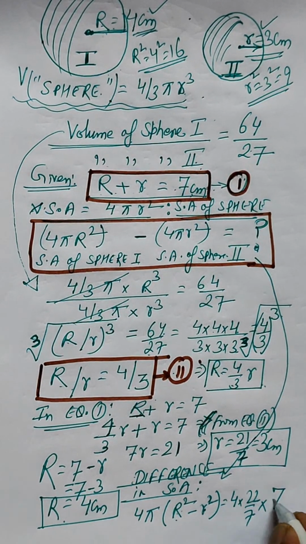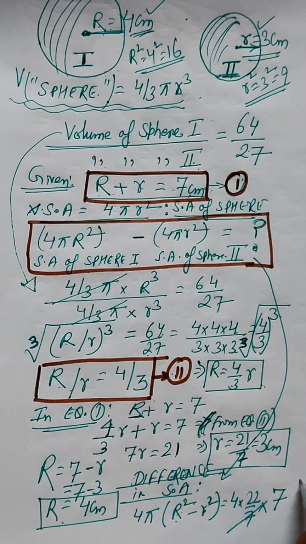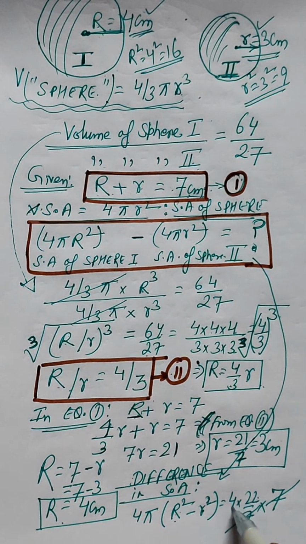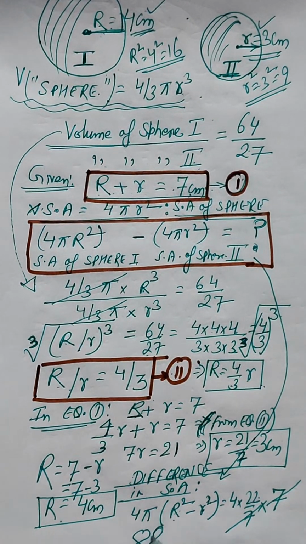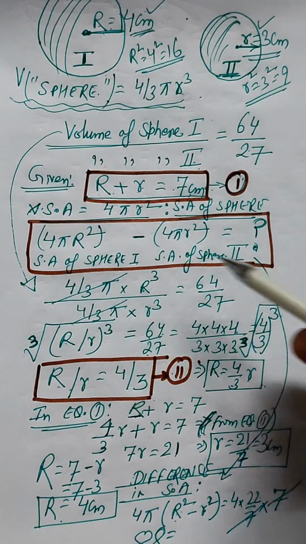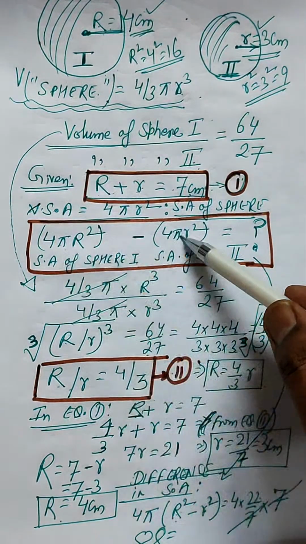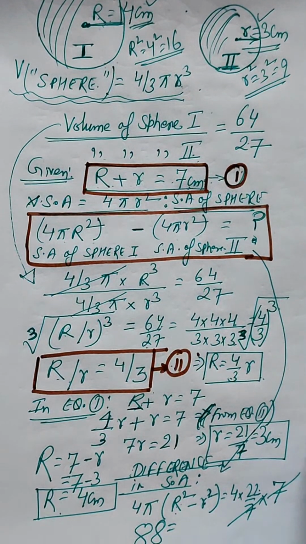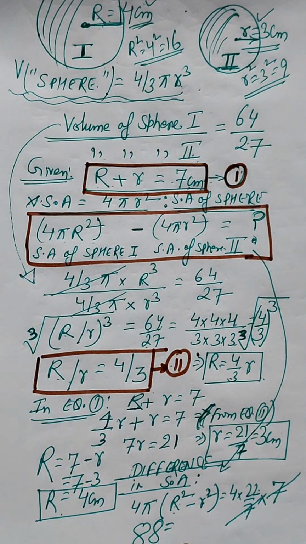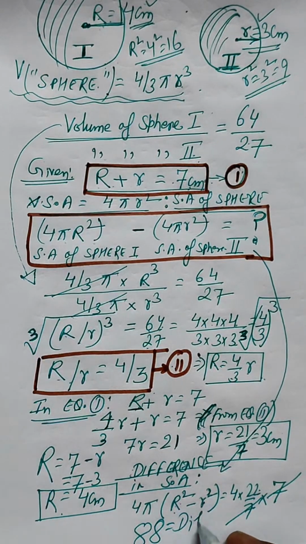So here you can see 7 and 7 will be cancelled out, and 22 into 4 is 88. So 88 is your answer. 88 is the difference in surface area of these two spheres.